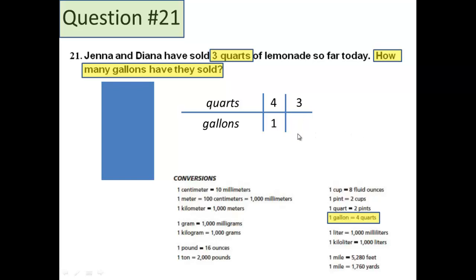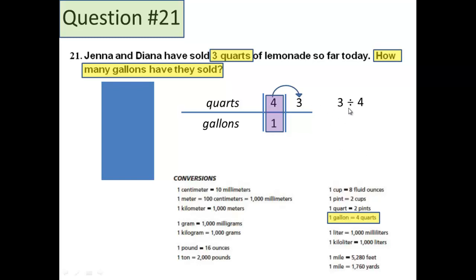Okay, now we just need to solve for what goes there. Same steps as always. Highlight the column that you know, and then draw an arrow from the column that you know to the piece of information that you know in the other column. But now look at that. Going from 4 to 3, how many 4s fit into 3? Well, that's the same old division problem as always.